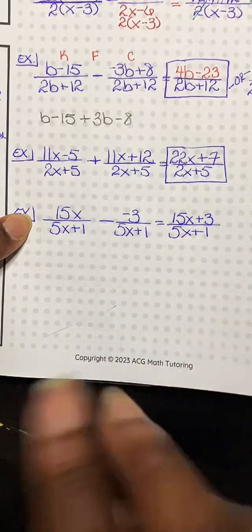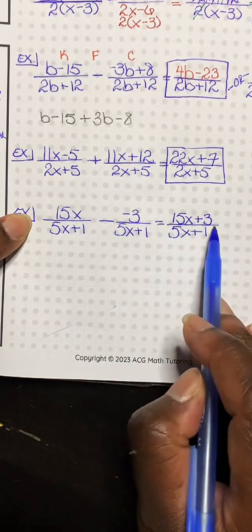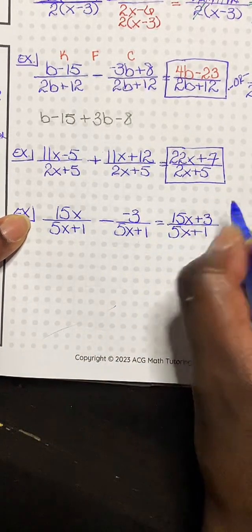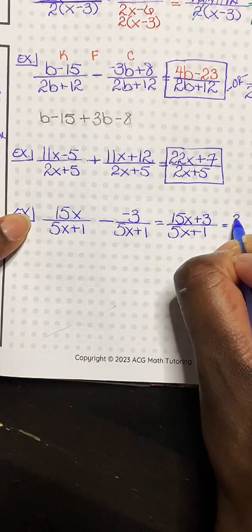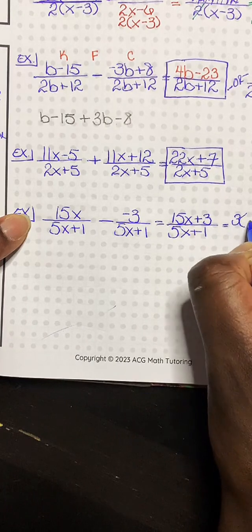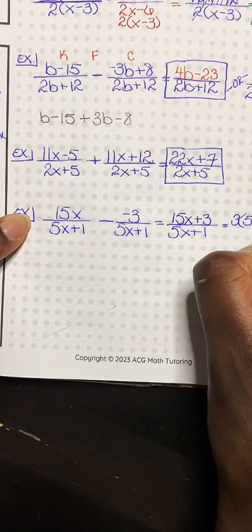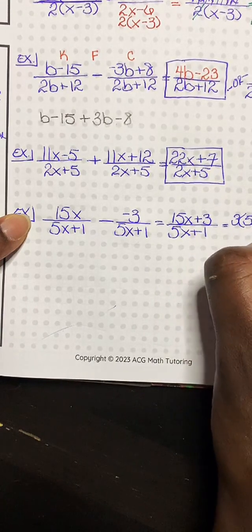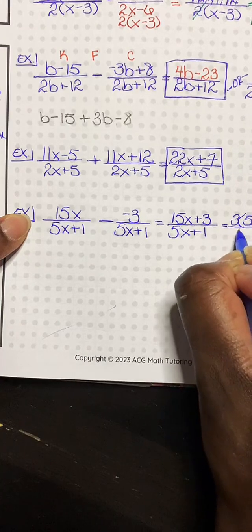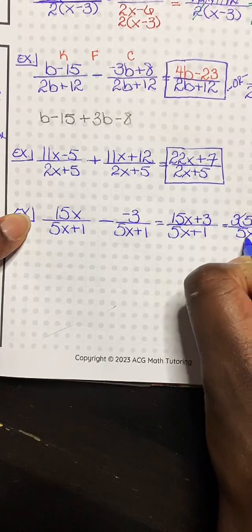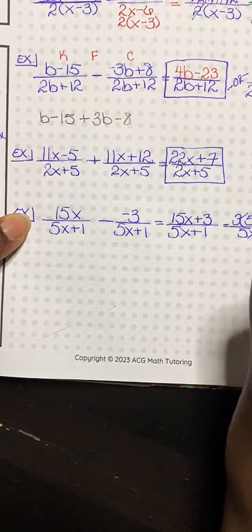Now, you're saying, well, we have a GCF in the numerator. I'm assuming you're thinking it's 3. Then you have your 5x plus 1, put it over your 5x plus 1.